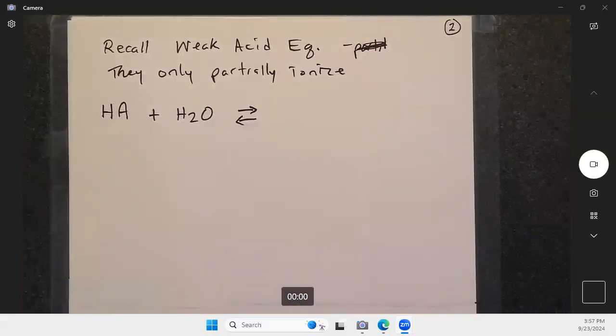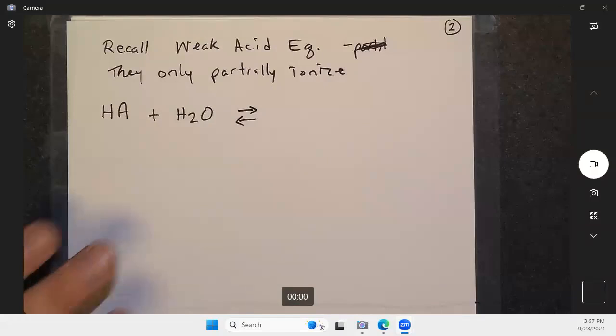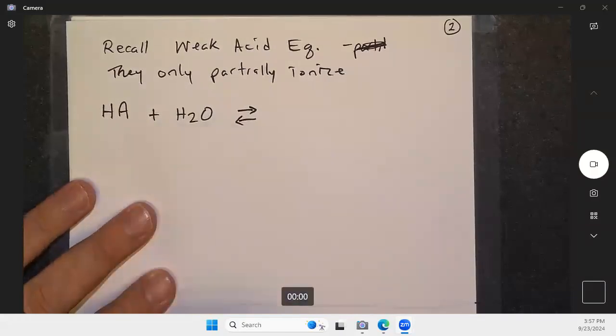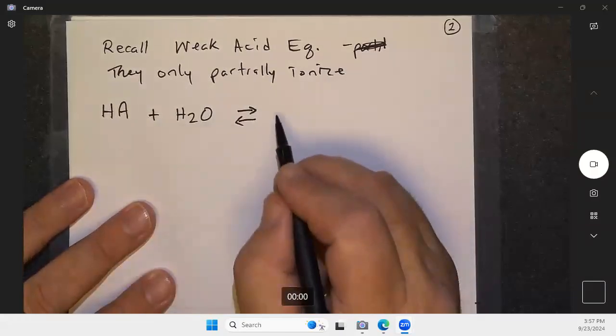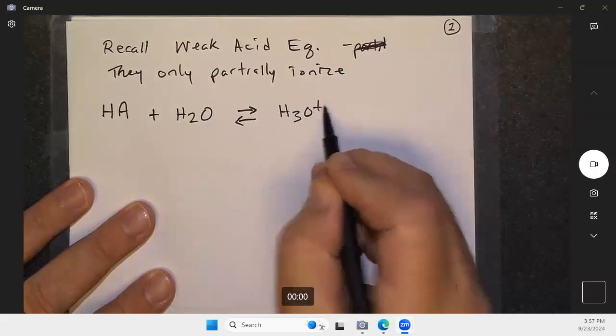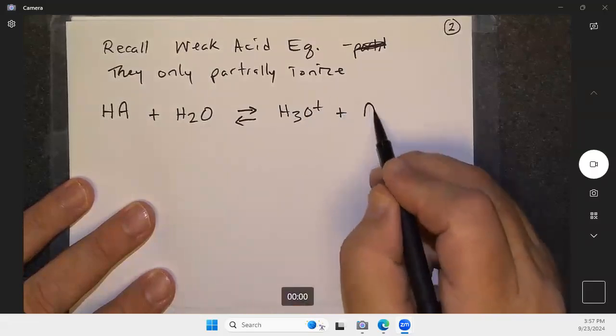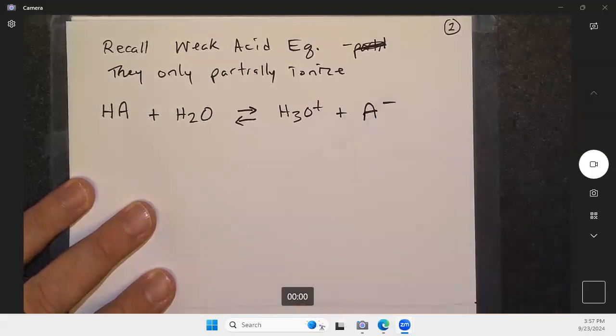And so the weak acid is going to protonate the water. Remember that water can act as an acid or a base, Bronsted-Lowry acid, Bronsted-Lowry base. So in this case, the weak acid is going to protonate the water. We get H3O plus and A minus.